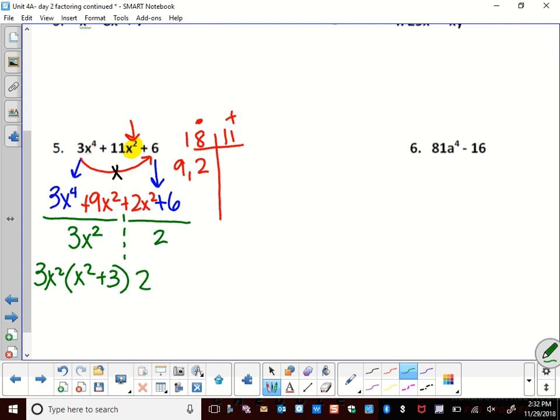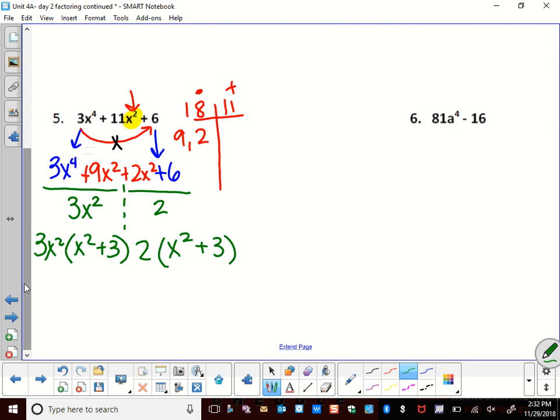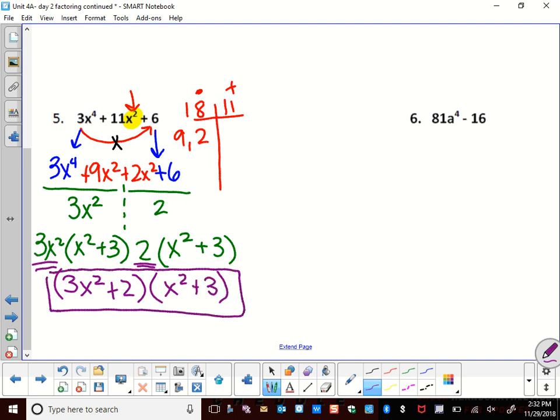I pull down the 2, that leaves me with x squared plus 3. My parentheses are matching, so I'm doing well so far. My answer is my GCFs become a factor, so 3x squared plus 2, and my matching parentheses are also factored. And that is my answer.